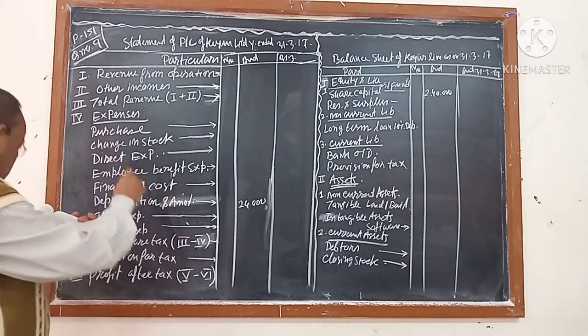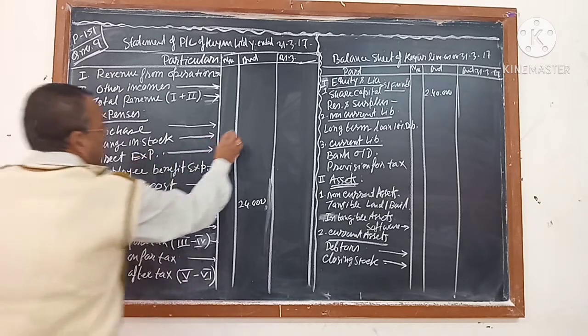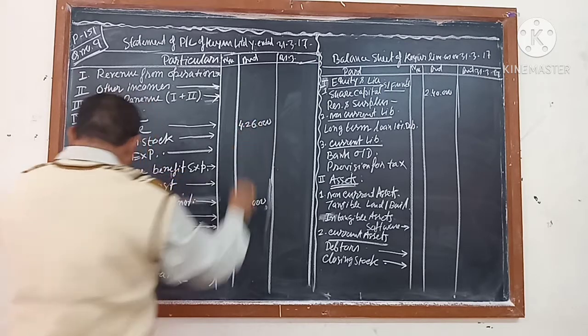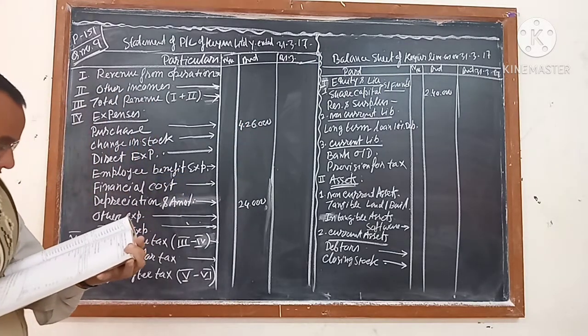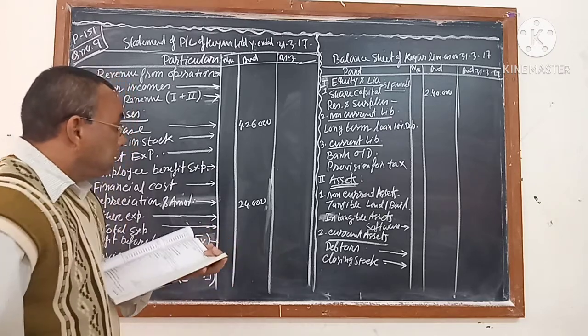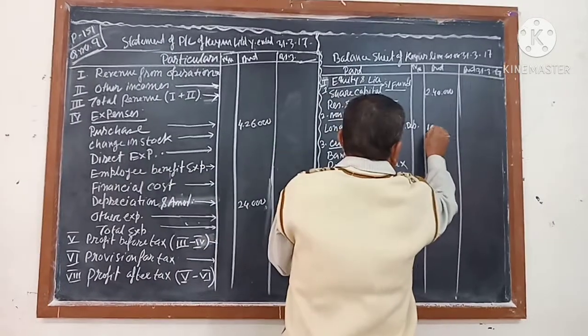Next, purchase 4,26,000, for which a place is already given. Next, 10% debenture is 1,20,000, here 1,20,000.